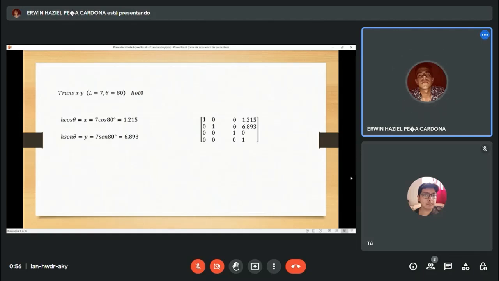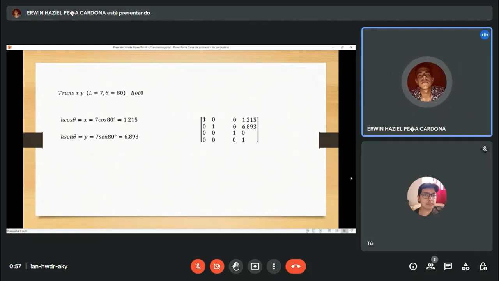To understand it a little better, the first row is for the x's, the second is for the y's, and the third is for the z's. And as we can see, they all stay in the same place. That's why it is said to have no rotation.